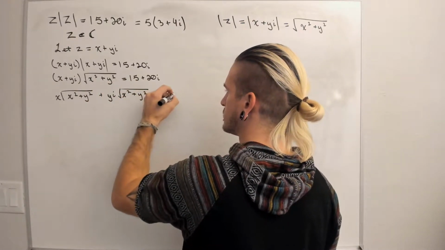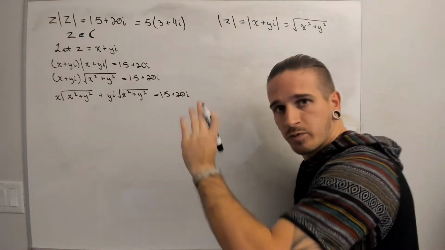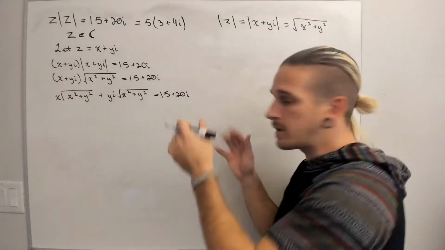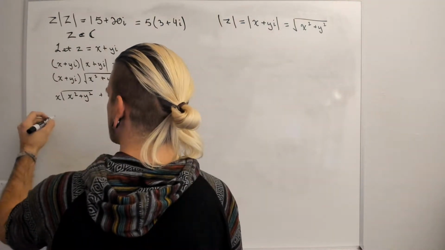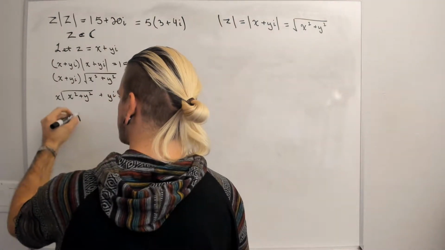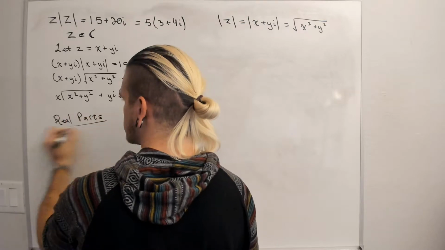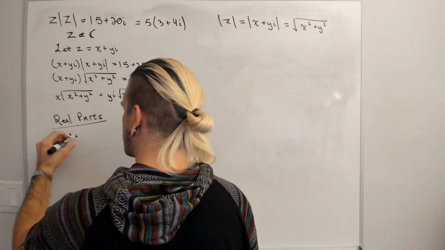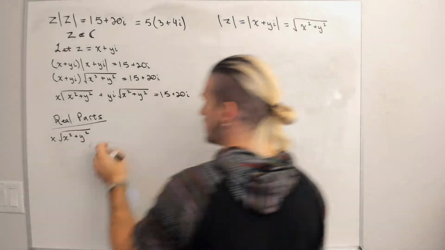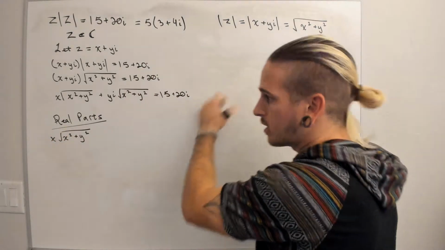Now we want to set the real parts equal to each other and the imaginary parts equal to each other. So the real part on the left side would be x times the square root of x squared plus y squared, and that's going to equal 15, the real part on the right side.